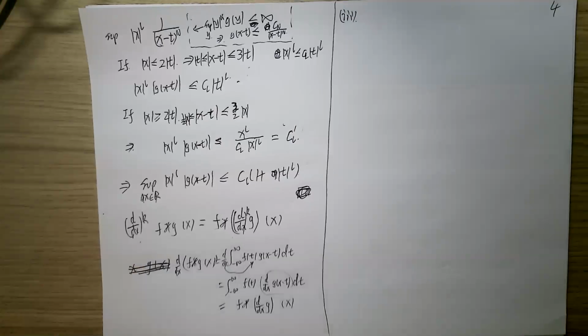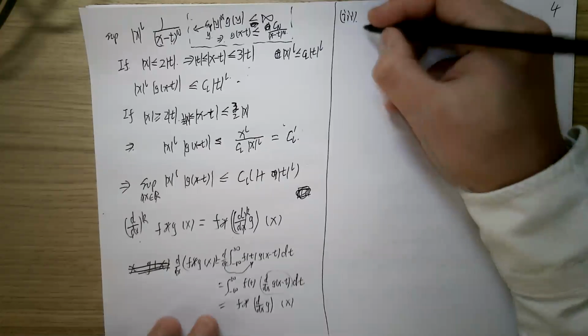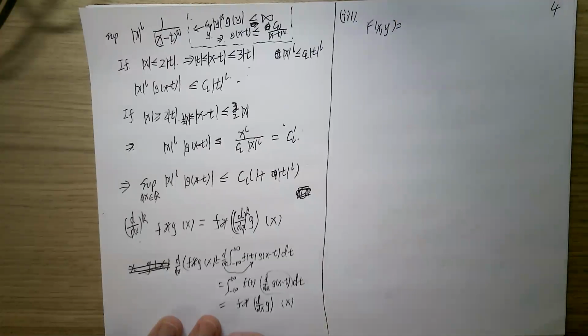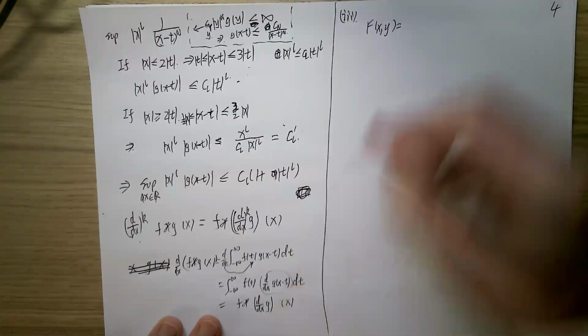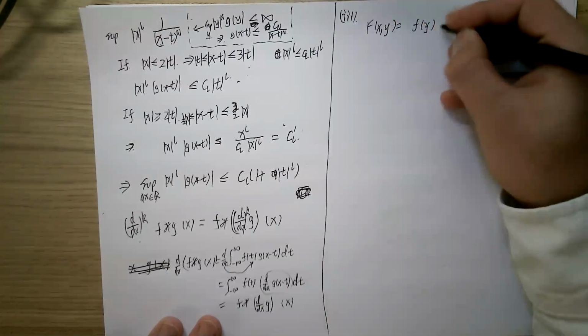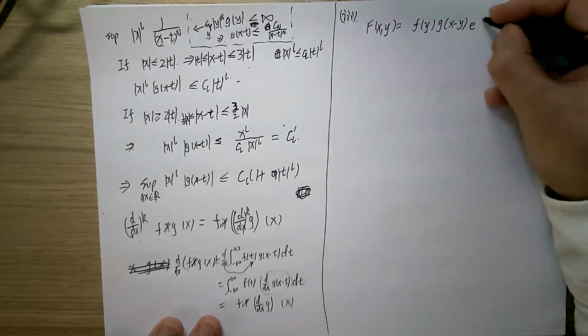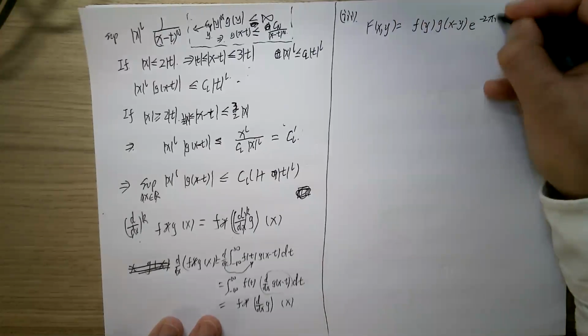This trick is very standard but interesting, okay? It starts from the Euro way. Let's call this multivariable function, capital Fxy, to be, say, Fy gx minus y times e to the power minus 2 pi I x c.